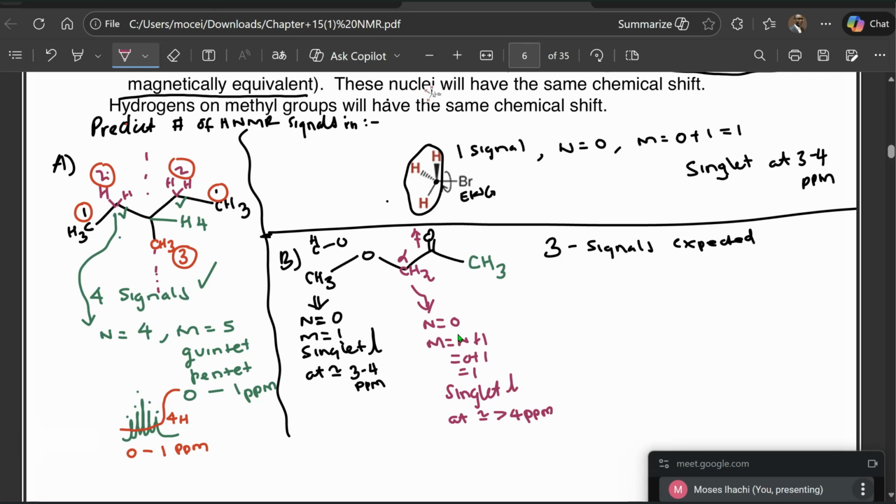But just know, if you have 2 that are sharing the same electronegative element and one has a little bit extra electronegativity pull, that one's going to show up more to the left. This we said is more deshielded. This is going to be more deshielded than this guy, all because of carbonyl.